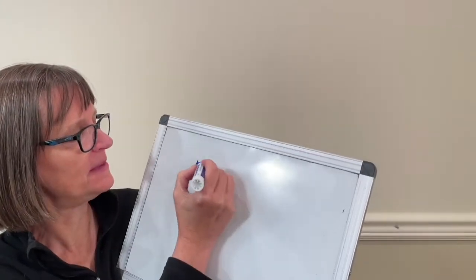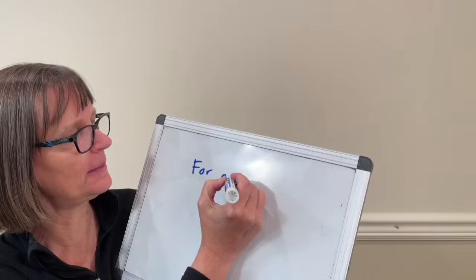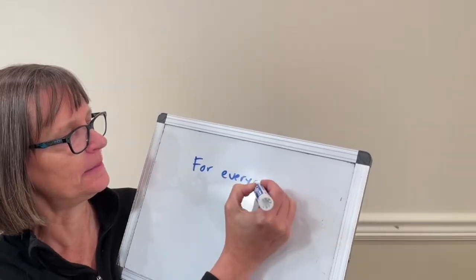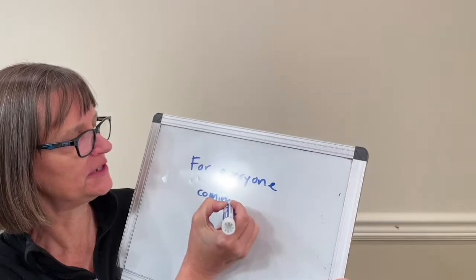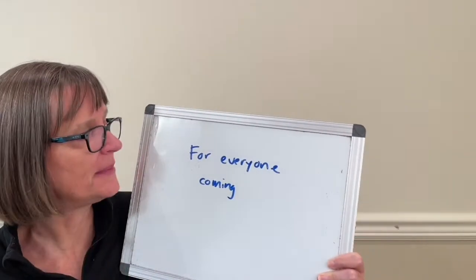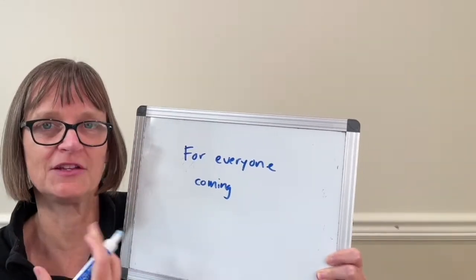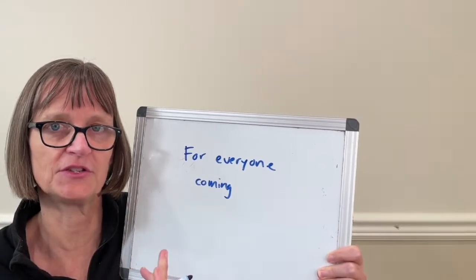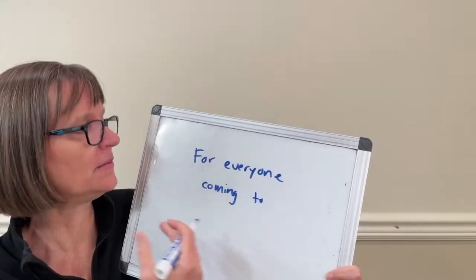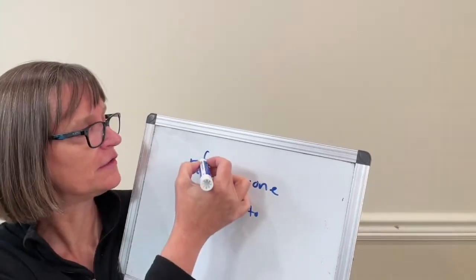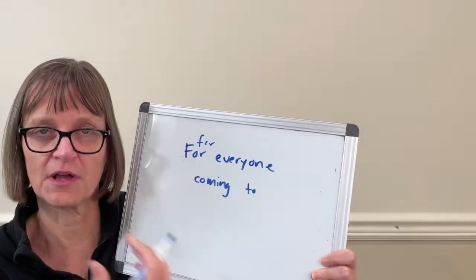I have a question about whether when for is at the beginning of the sentence, do we still reduce it? For everyone coming. So I can. It depends on the sentence and how it's stressed. So for example, for everyone coming to the party, I could still there say for everyone coming.